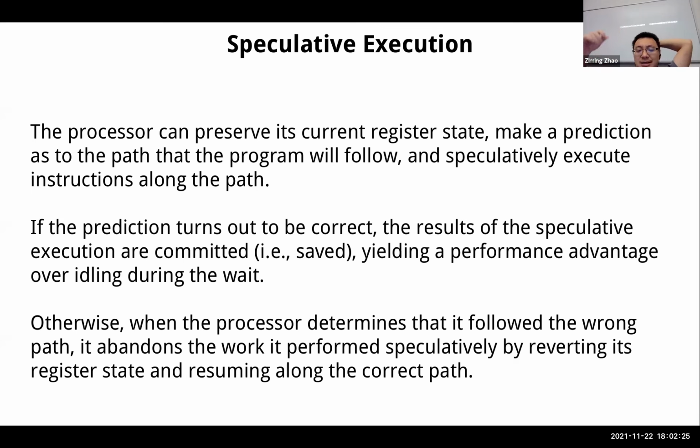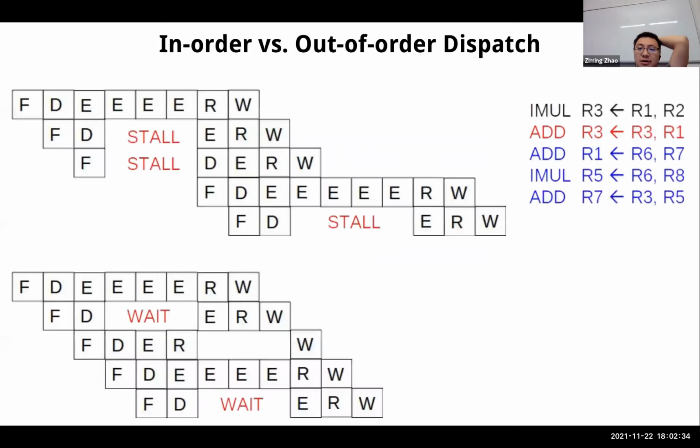It's quite similar to out-of-order execution, but a little bit different. With out-of-order execution, we are talking about one sequence of instructions. You can see there is no branch. They are just one sequence inside one basic block.